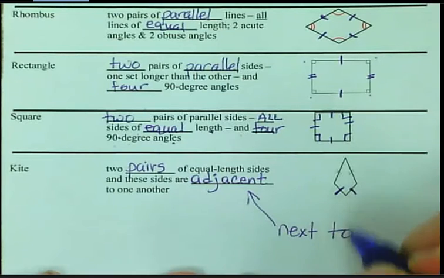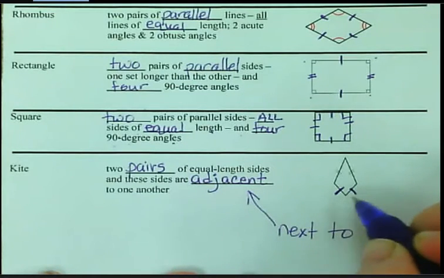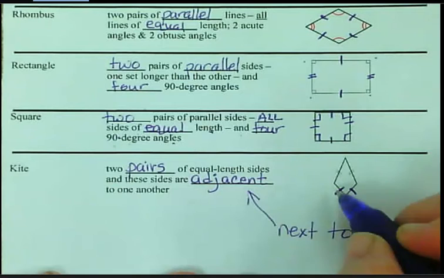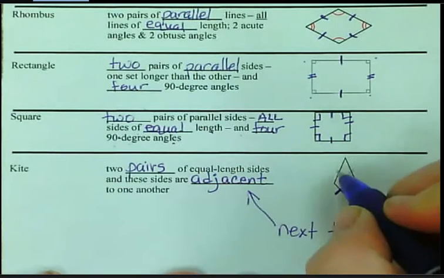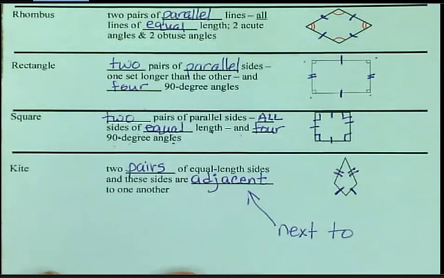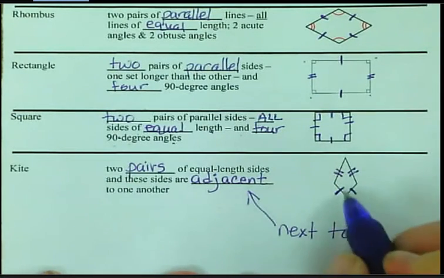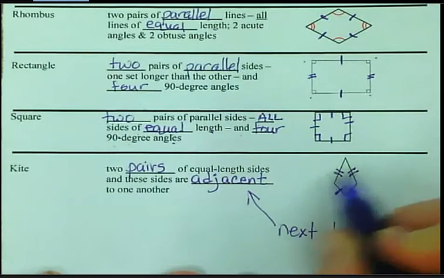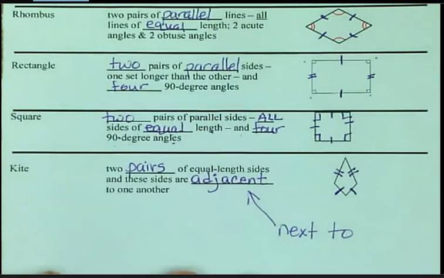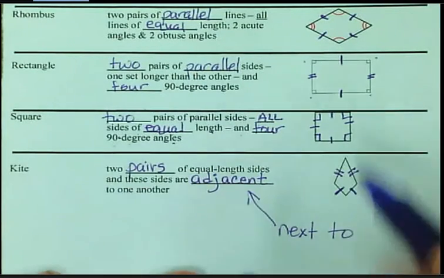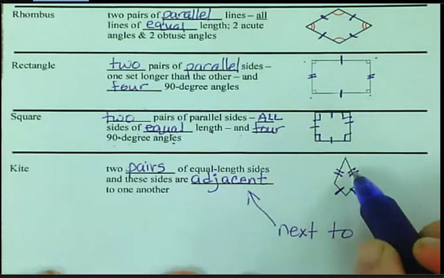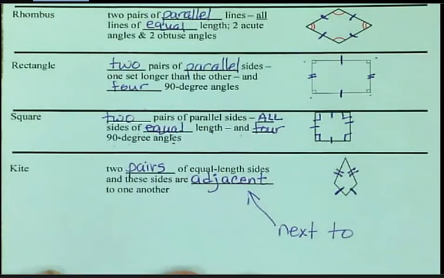These two lines are equal, okay? And then this line and this line are also equal. So we've got 1, 2, 1, 2, and they are next to each other. This is one pair, and this is one pair. So they're not across from each other. All the other ones were across, and they were parallel. These are not parallel. Okay? And the ones that are equal are adjacent to each other.